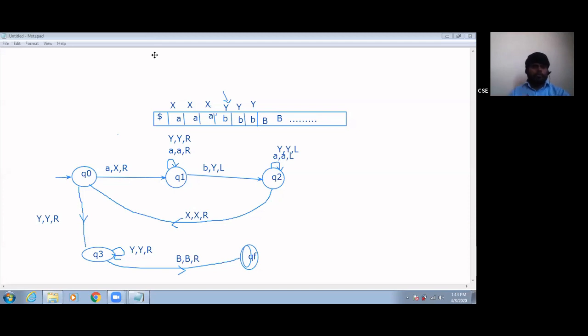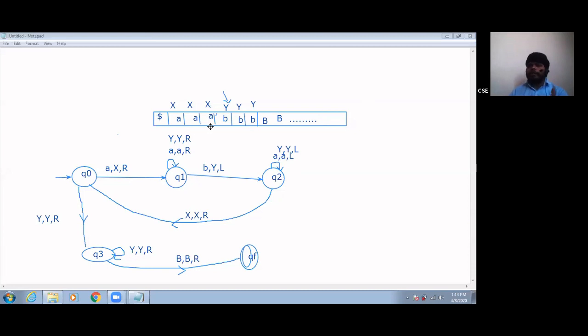So this is the construction of the Turing machine. While processing the input string itself, you have to give the transitions. Otherwise you will definitely make mistakes, because you will miss some of the transitions. So you have to implement it parallelly with the input string.